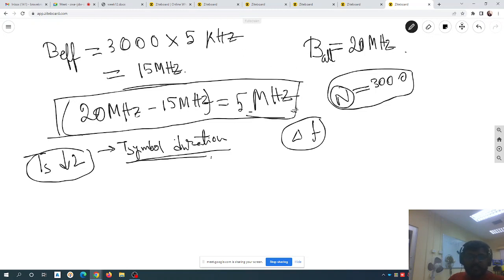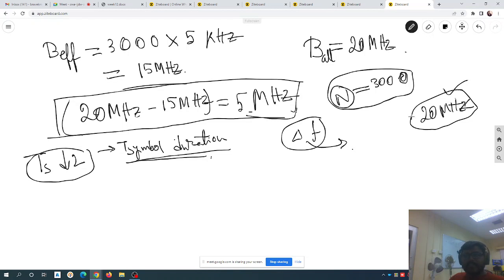Let us first discuss. Suppose n is 3000, we are not using all of them. So what should be my delta f such that the signal fits within 20 megahertz? I just need a numerical value at least in this case.